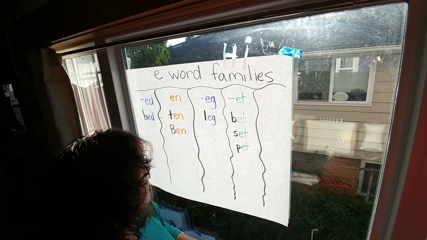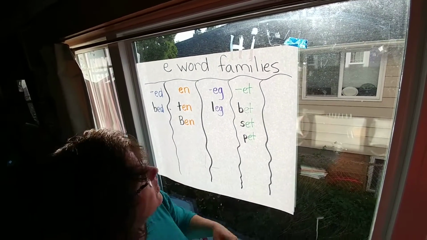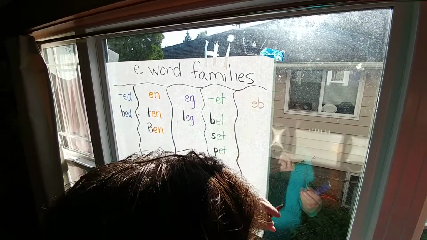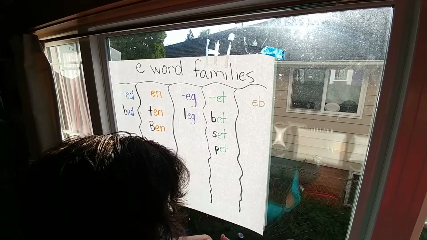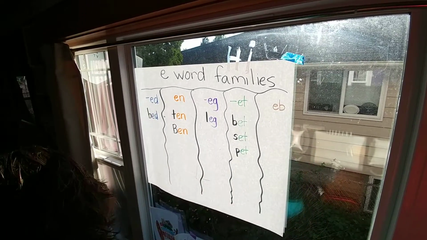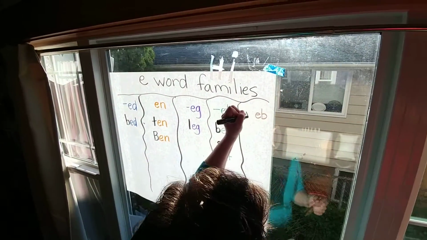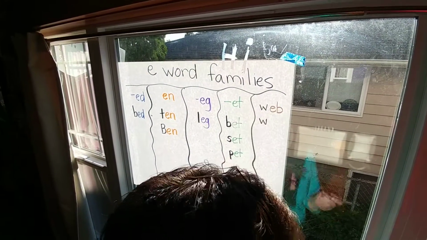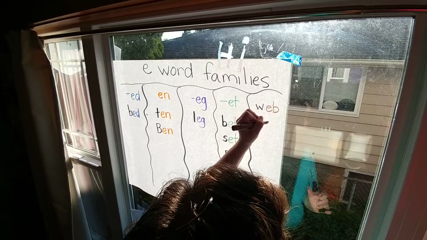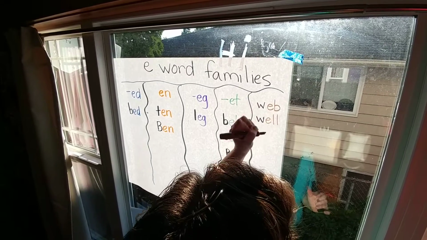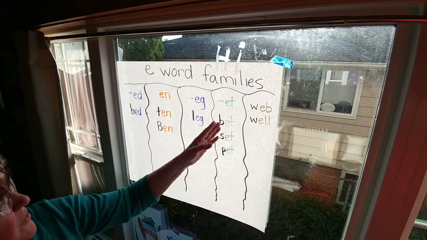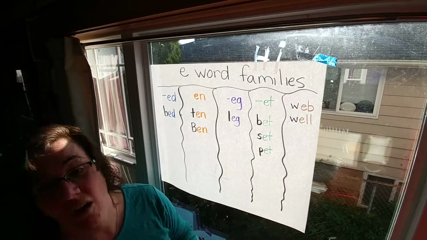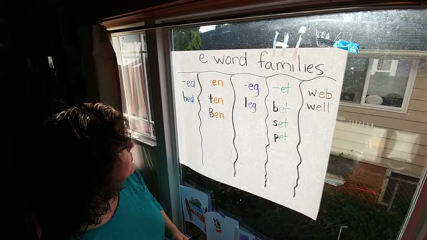For example, the word web, the word web. Okay? The word well. Okay. And other words that we don't have a lot to fill in, but enough that we can put a column here. Okay. These are our E-word families.